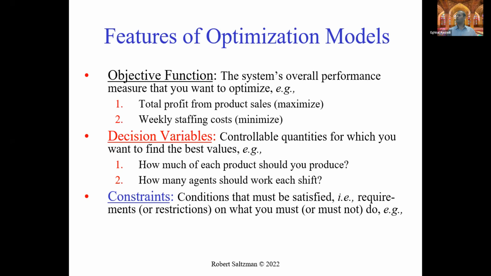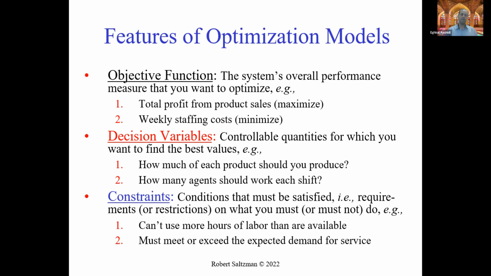Things that we must do or must not do. For example, we can't use more hours of labor than are available, or we can't use more money than our budget lets us. So these are the must and must not do, or the limitations that the system enforces on us.